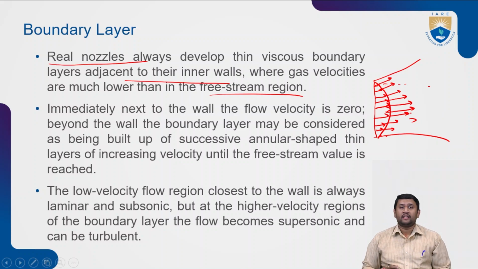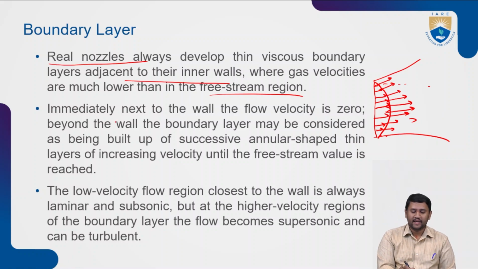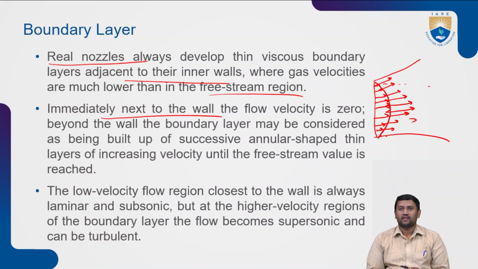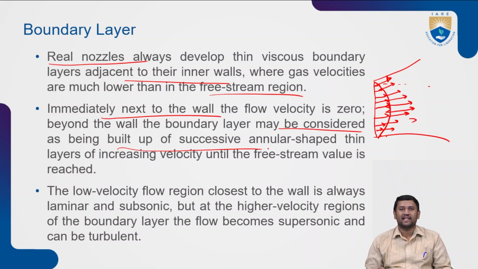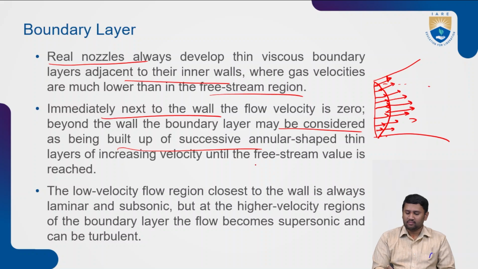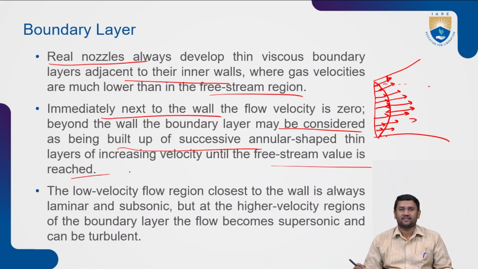The flow immediately next to the wall has a flow velocity of absolute zero. Beyond the wall, the boundary layer may be considered as being built up of successive annular shaped thin layers of increasing velocity until the free stream value is reached.